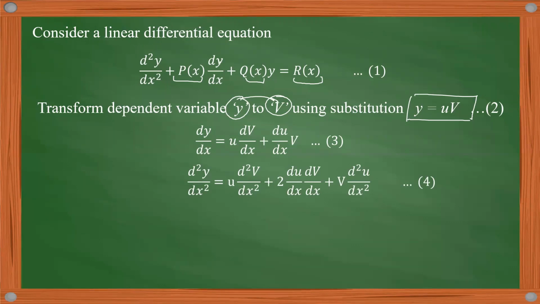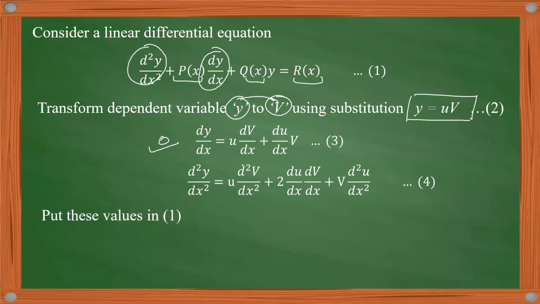If we replace y by another variable, we need to make sure that dy/dx and d2y/dx2 are both expressed in terms of v. So we have found the value of dy/dx. Now we need to find d2y/dx2, so we differentiate dy/dx one more time, and this will be its solution.